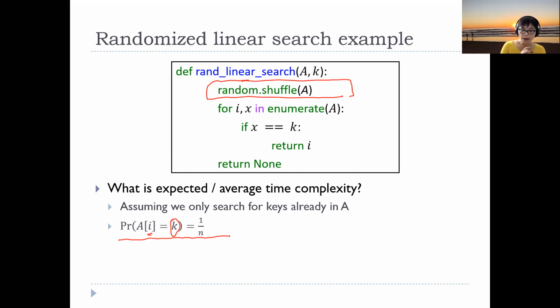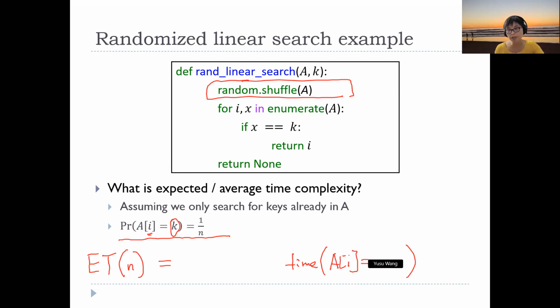Now, what is the expected running time? I often use ET to represent expected time. Expected running time, as we said earlier, means you ask what the possible cases are, and what the time is for each of the cases. The running time of this algorithm is different when K lands on a different position.